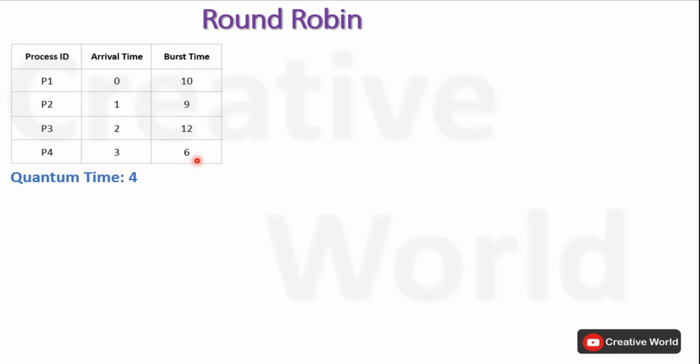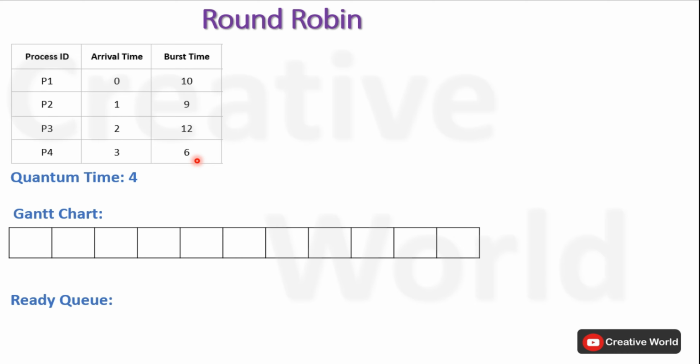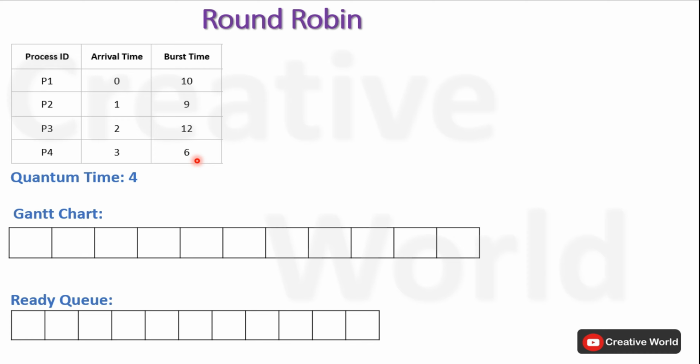In order to implement round robin algorithm, we have to make a Gantt chart, and the other one is the ready queue. This ready queue contains the next process information which will execute after a transition occurs or after the completion of the current quantum time.